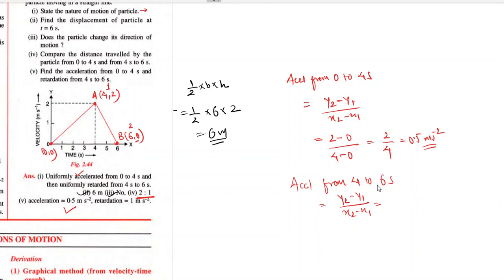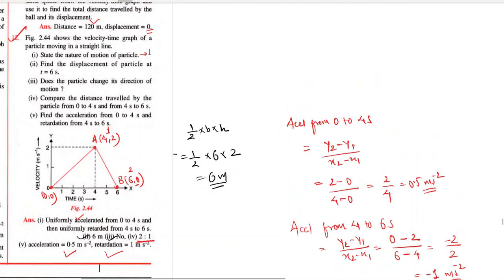So y2 is 0, minus 2, upon x2 which is 6 minus x1 which is 4. So minus 2 by 2, which is minus 1 meter per second square. That is the acceleration from 4 to 6 seconds. So retardation will be 1 meter per second square without the negative sign. You don't put a negative sign for retardation, right? So that's your answer for the 12th one.